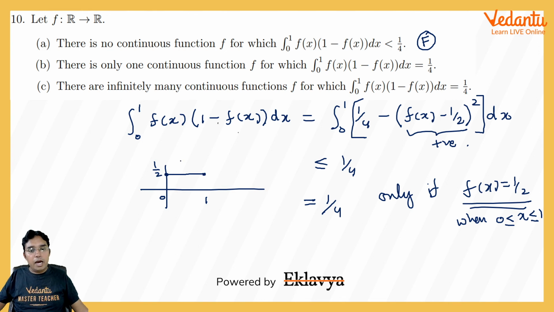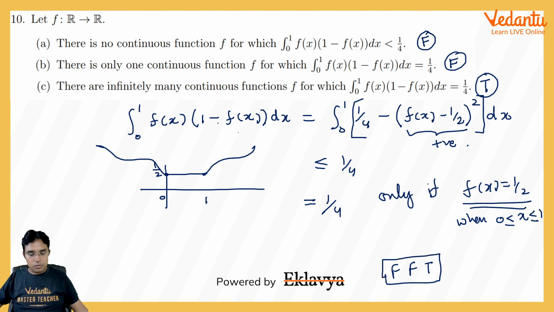But after 1, before 0, you have infinite choices for f(x). Whichever way you move it, it will still remain continuous. So the statement that there is only one continuous function f for which this is equal to 1 by 4 is again false, because there are infinitely many continuous functions f for which this will be equal to 1 by 4. So here the correct sequence would be F, F and T.